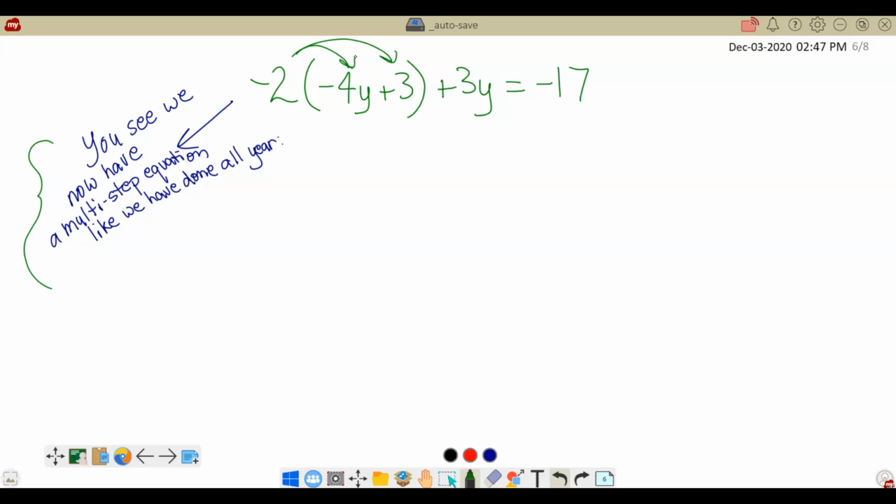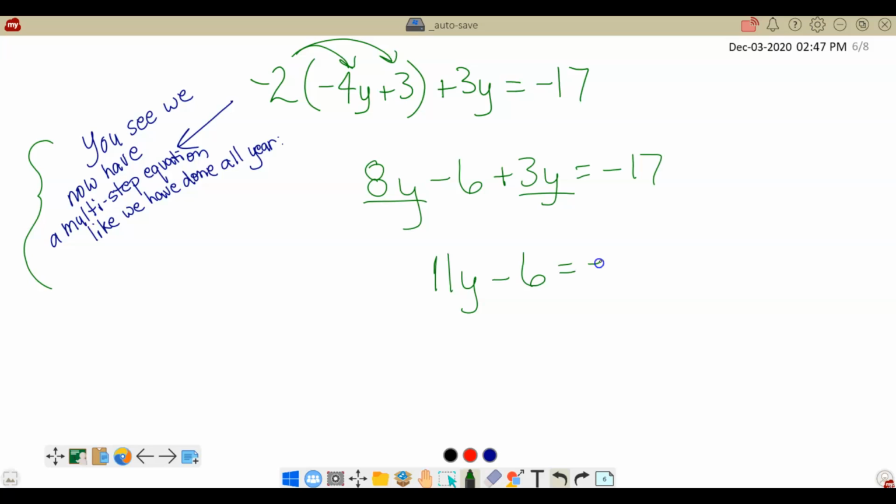Negative 2 times negative 4y is positive 8y. And negative 2 times 3 is negative 6. We then have plus 3y, and the whole thing equals negative 17. Combine like terms. That gives us 11y minus 6 equals negative 17.